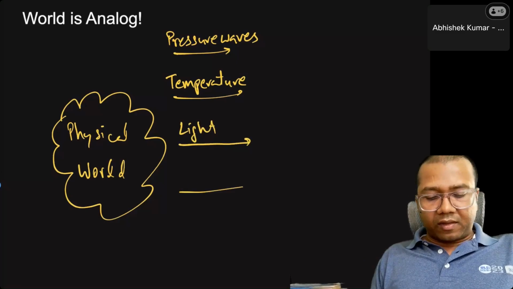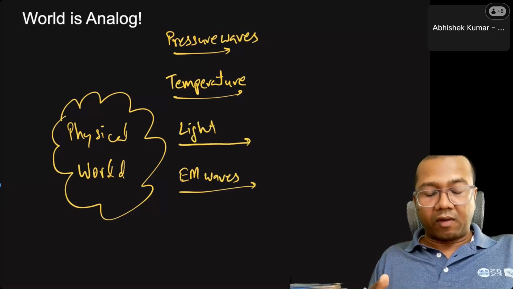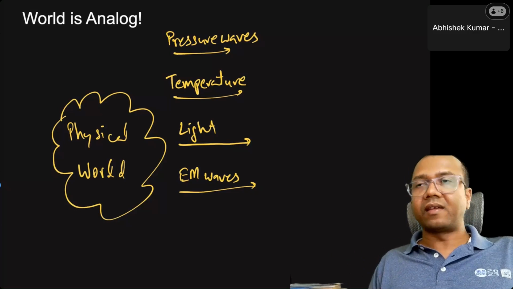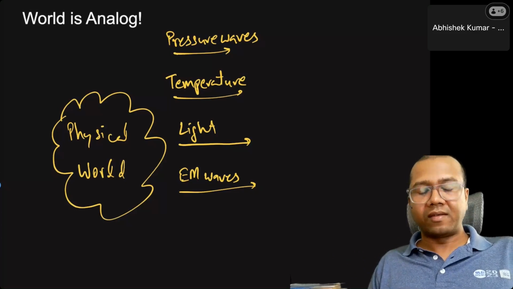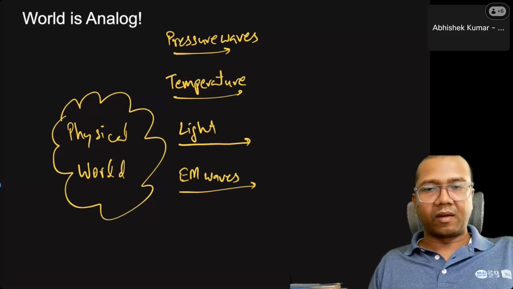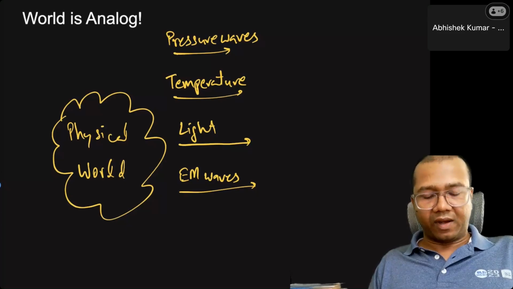Okay, so these electromagnetic waves which are enabling your radio communication. Okay, all these things, if we see, all these signals are analog in nature. Analog in nature in the sense that they're always present. Okay, whenever we are measuring at all the times, and all of their values have valid meaning.